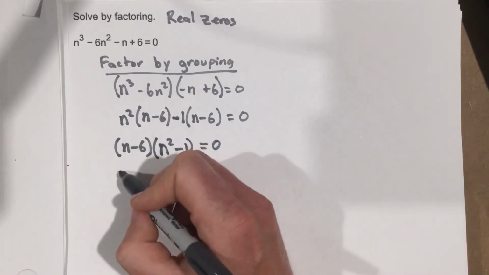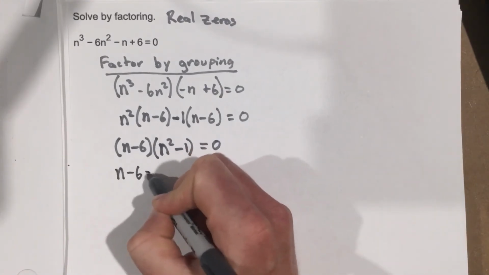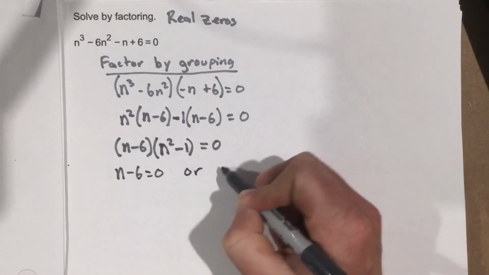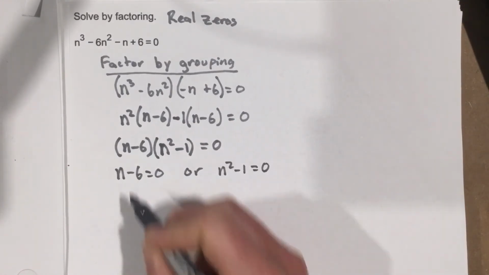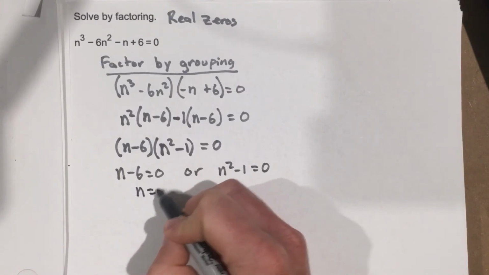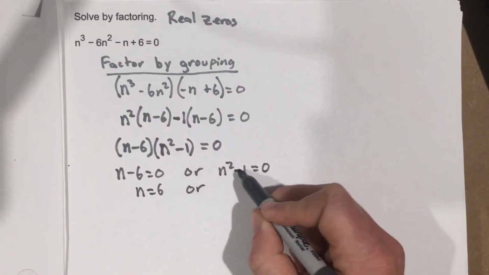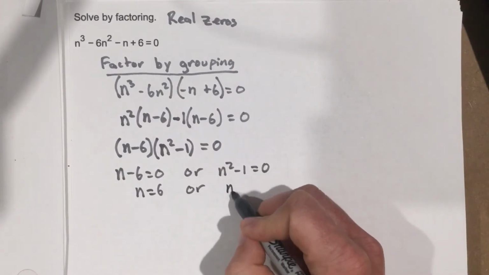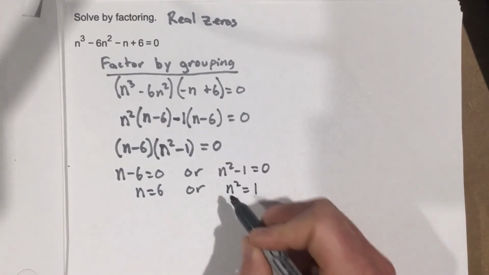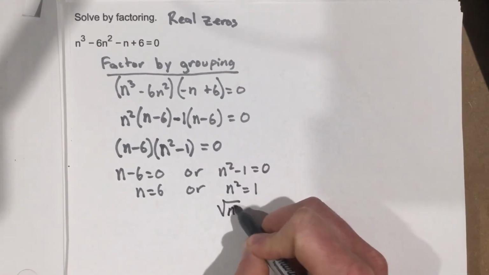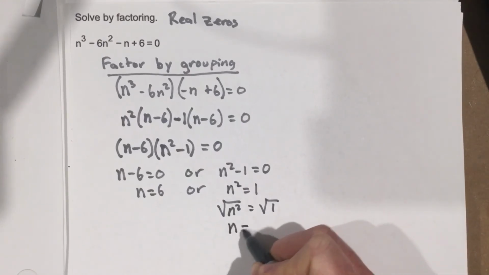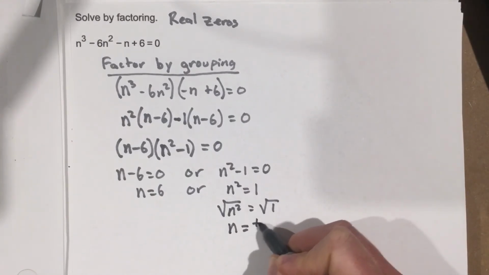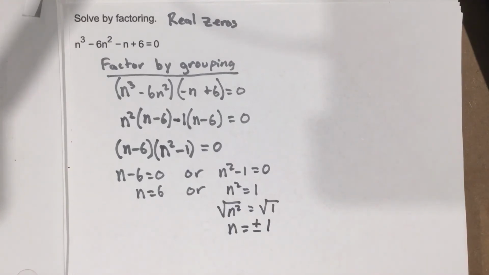At this point, we're going to use the zero product property, so n minus 6 equals 0, or n squared minus 1 equals 0. Add the 6 over, you get n equals 6, or add the 1 over, we get n squared equals 1. We do the root of each side, and we end up with n equals, remember plus and minus here, we do root 1, we get plus and minus 1.